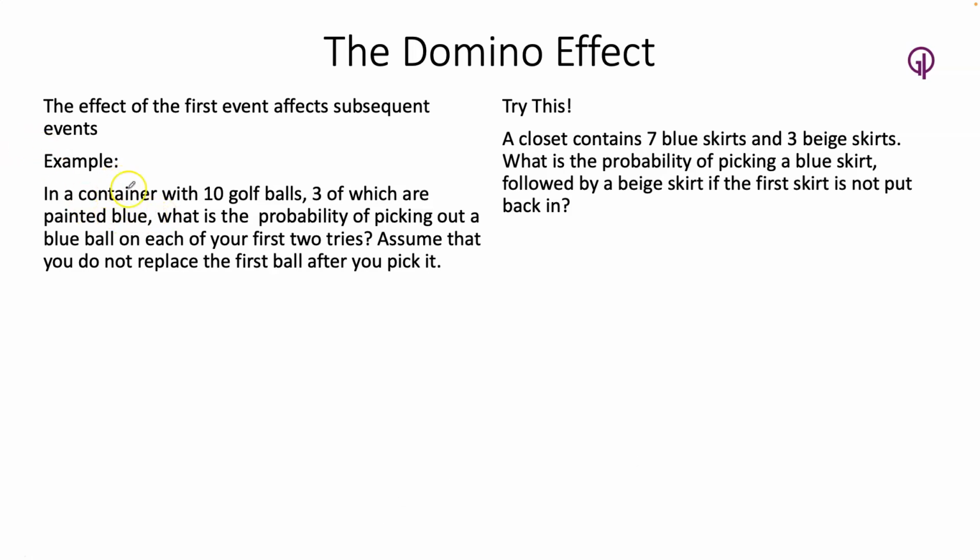Now here we have this example which says, in a container with 10 golf balls, 3 of which are painted blue, what is the probability of picking out a blue ball on each of your first 2 tries? Assume that you do not replace the first ball after you pick it.